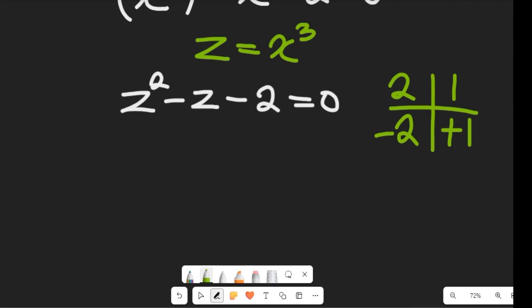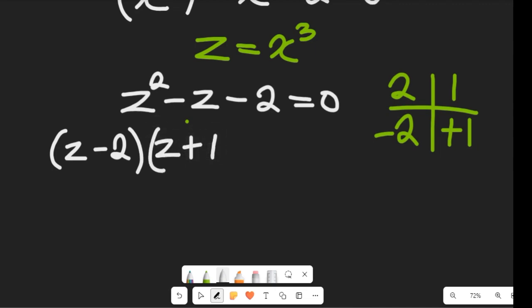Minus 2 times plus 1 is going to give us negative 2, and minus 2 plus 1 is going to give us negative 1. So that expression works, and it can be solved using the factorization method. So we're going to have z minus 2 and z plus 1, both equal to 0.